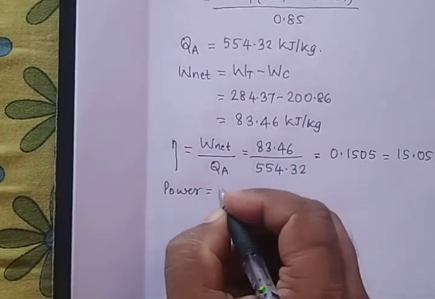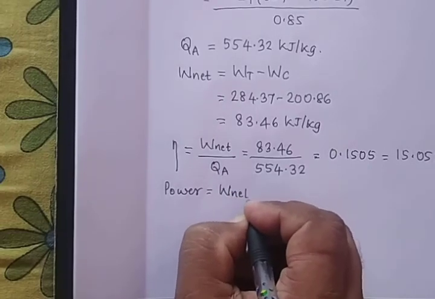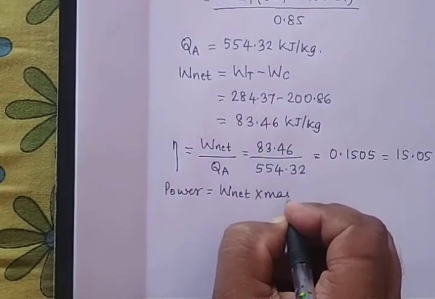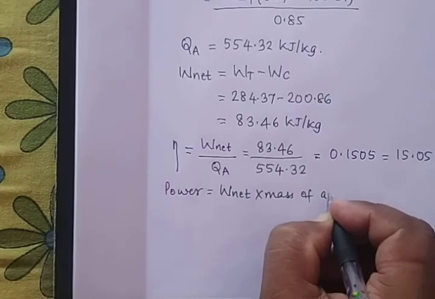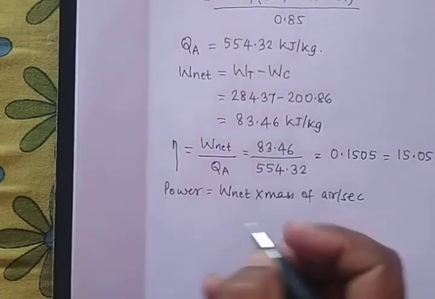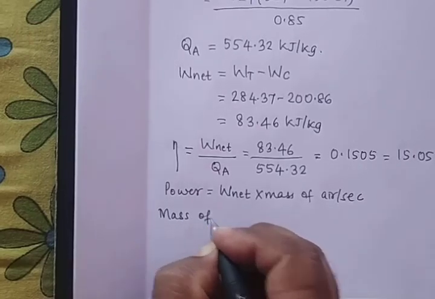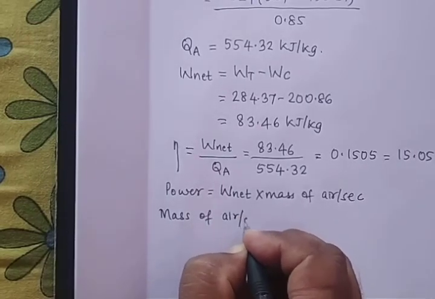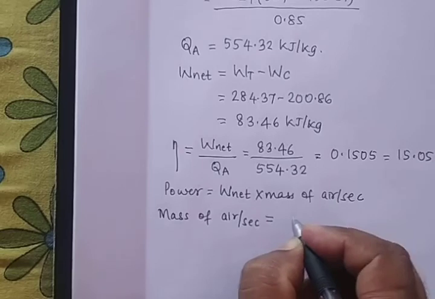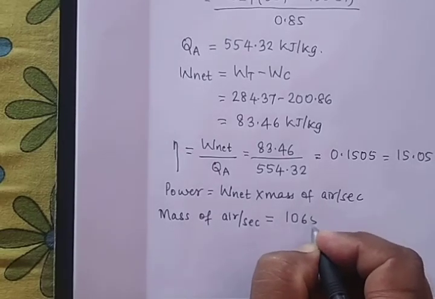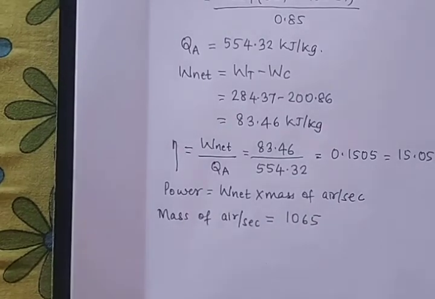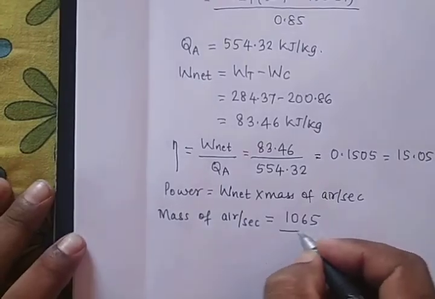So power equal to W net into mass of air per cycle. So we need to find out mass of air per cycle. So mass of air used per cycle will be equal to power is given to us, that is 1065, divided by work done.